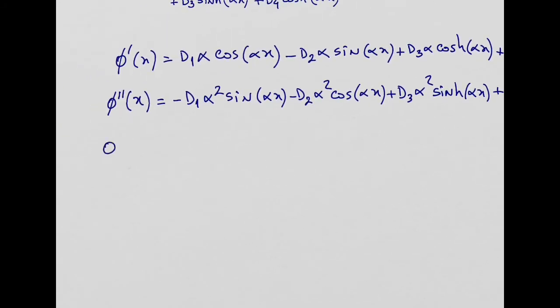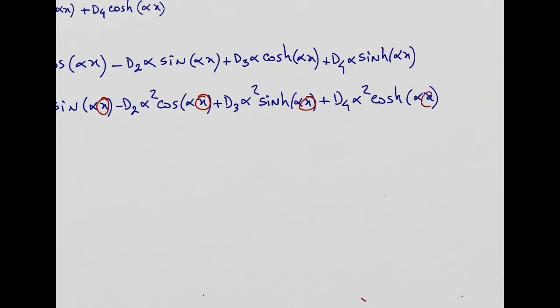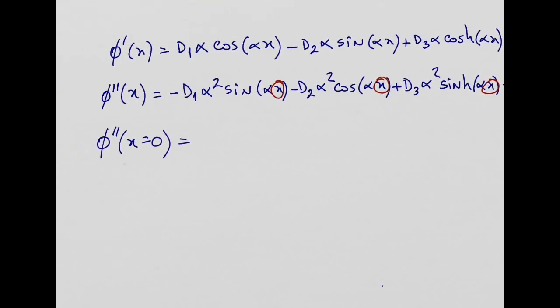And now I need to do the second derivative for x equal to 0. I just need to replace x by 0 in this equation and see what we get.